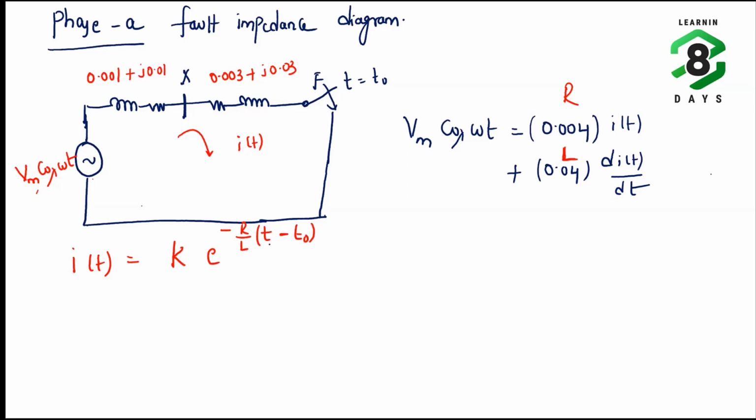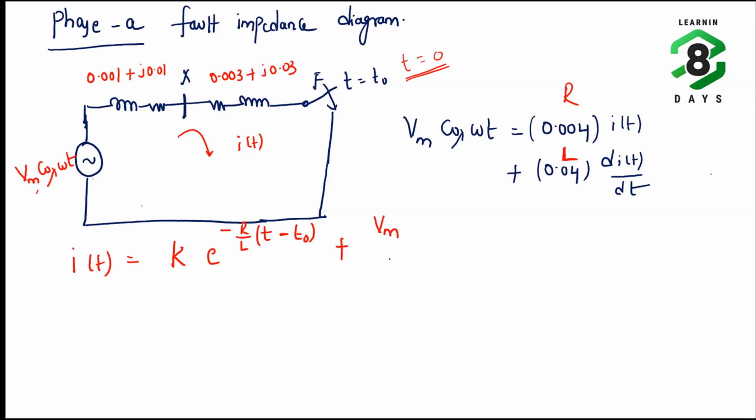Understand? Because here the switch is closed, or the fault has occurred, not at t equal to 0. It is occurring at t equal to t naught. So your equation will modify as k into e power minus R by L into t minus t naught. Very, very important point. What is the steady state part? Steady state part is simple.